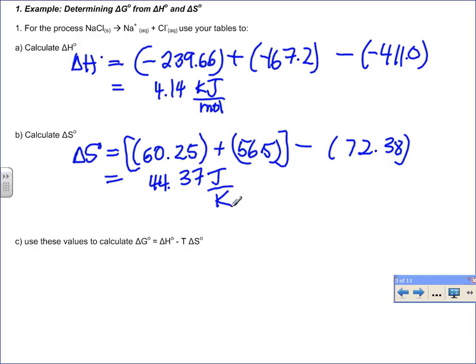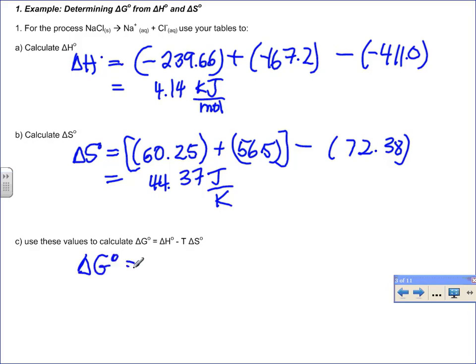So as expected, dissolving the salt in water leads to an increase in entropy. Recall that ions have more options for how they organize in the solution, and therefore it's an increase in entropy.